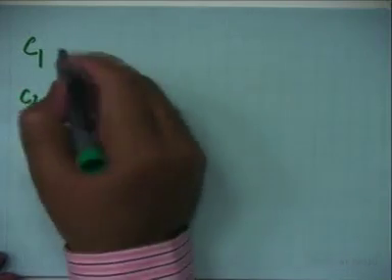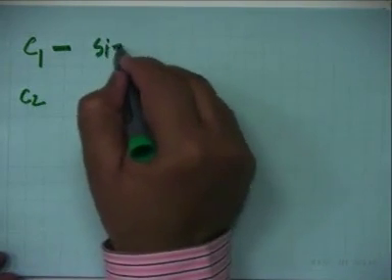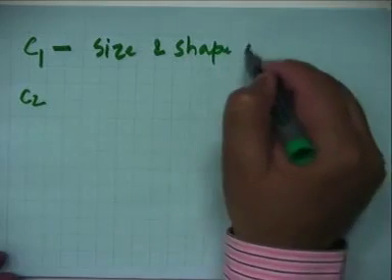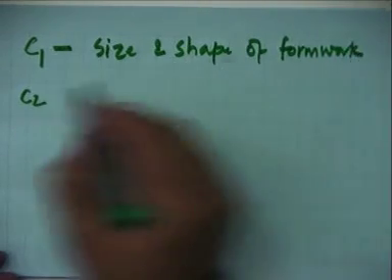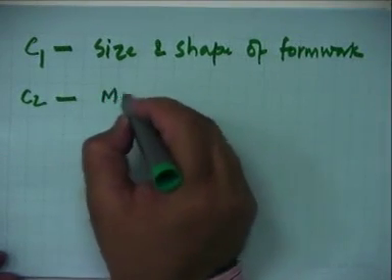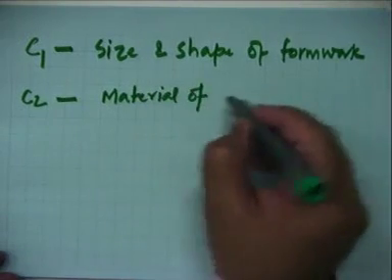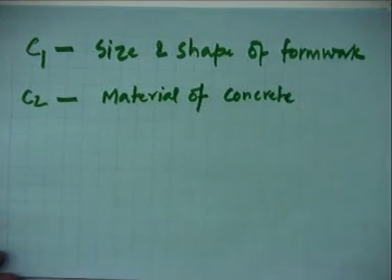Now, C1 and C2 are constants. C1 depends on size and shape of formwork. C2 depends on material of concrete, especially the type of cement that has been used to prepare the concrete.